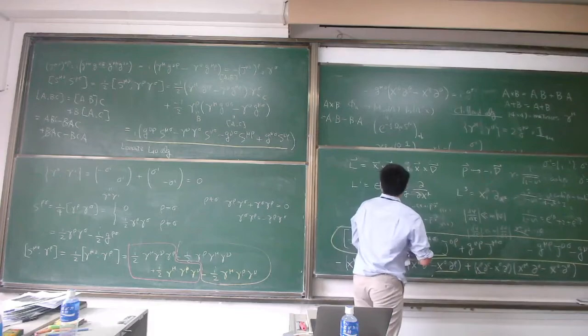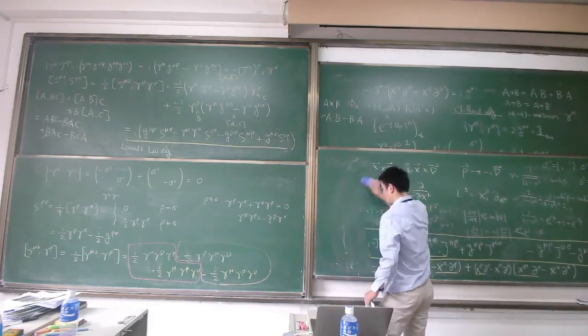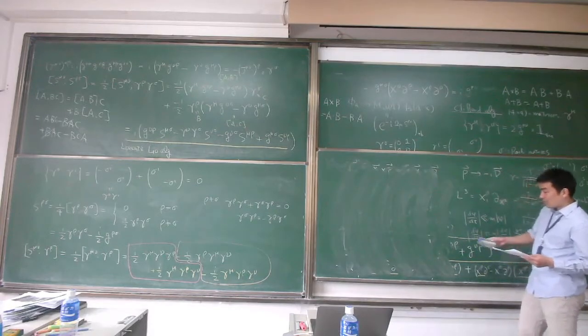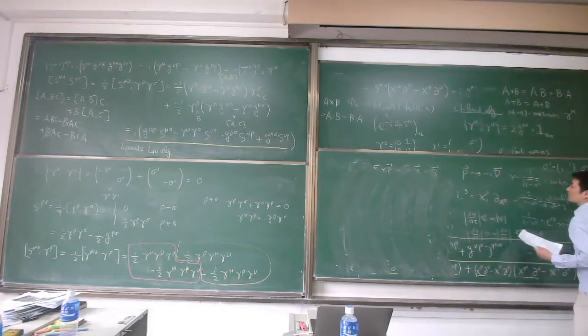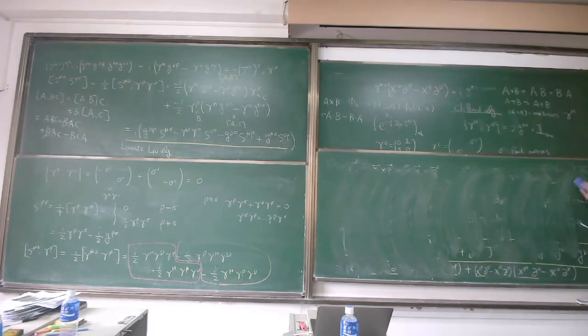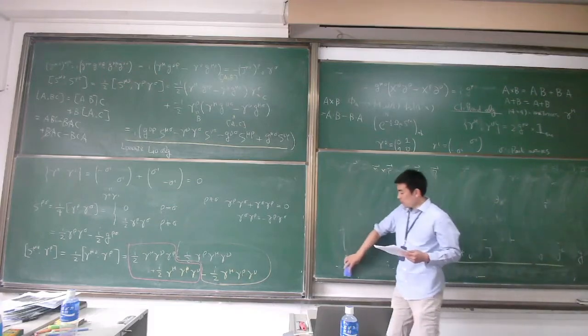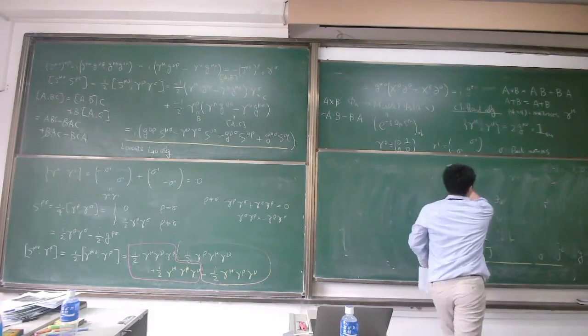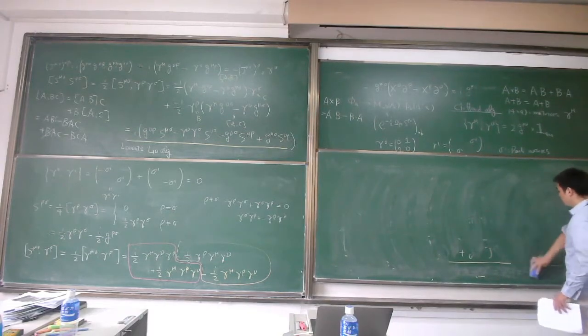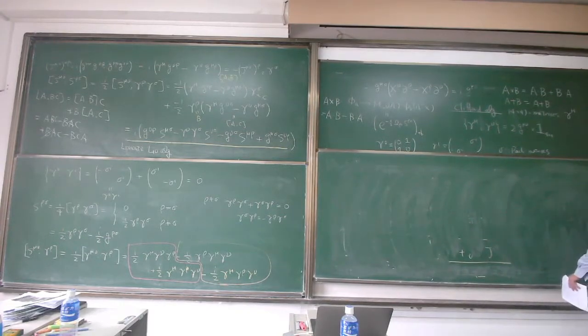And I'm going to erase here. Anyway, you already saw it. Therefore, we can treat this S matrix as the representation of Lorentz algebra, so that we can consider the following thing.